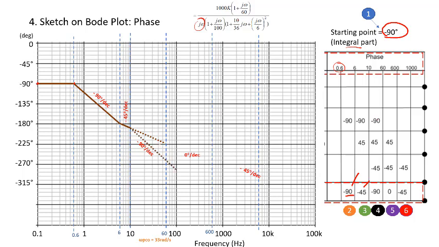Then from 10 to 60, we have minus 90 degrees. Next is 60 to 100, which is 0. Then 60 to 600, and 600 to 1000 is minus 45 degrees. So this is the pattern of the phase plot.